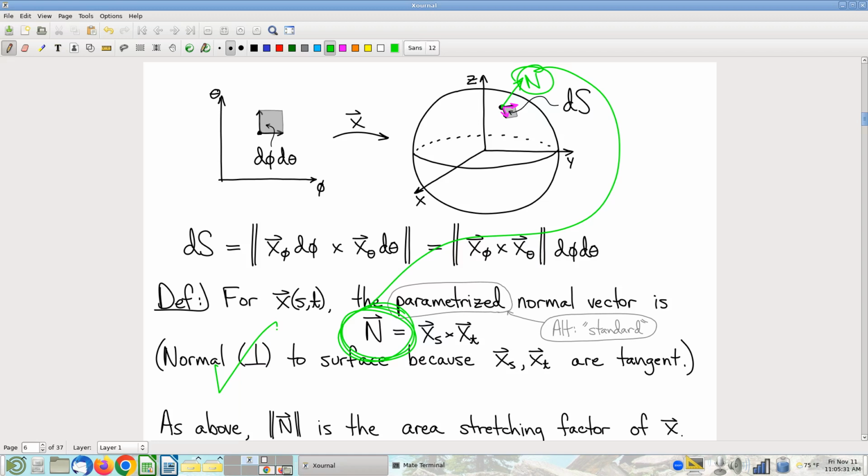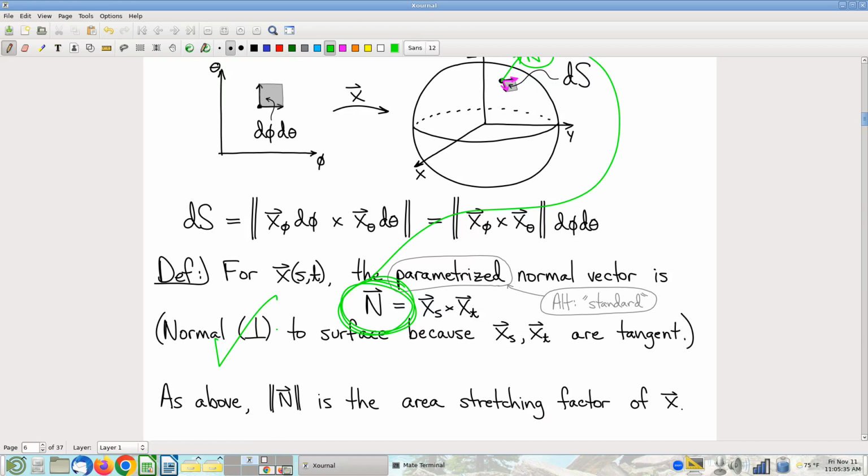Okay, is everybody doing all right? All right. Okay, so the stretching factor is the magnitude of capital N.